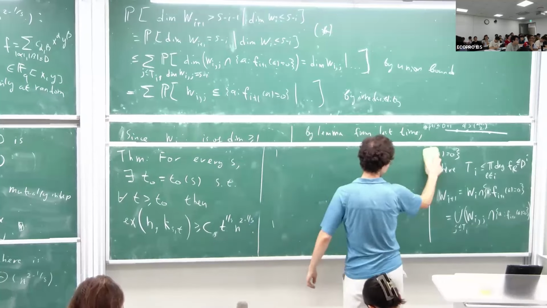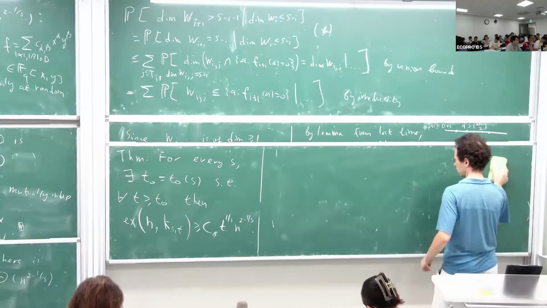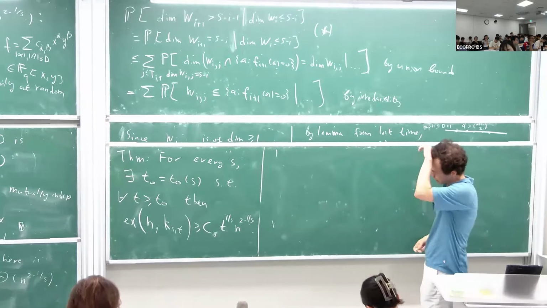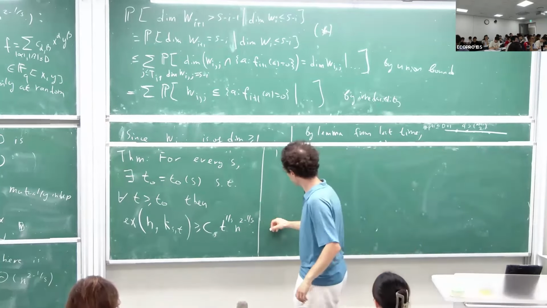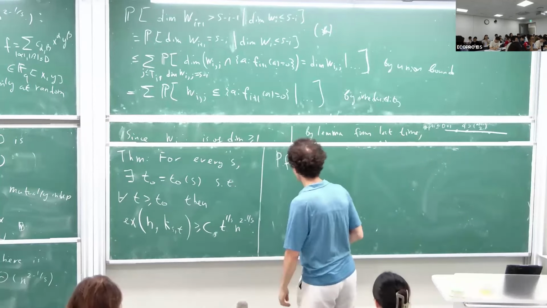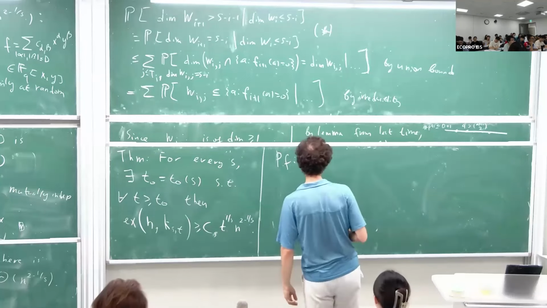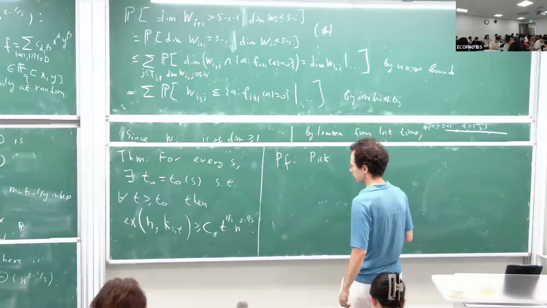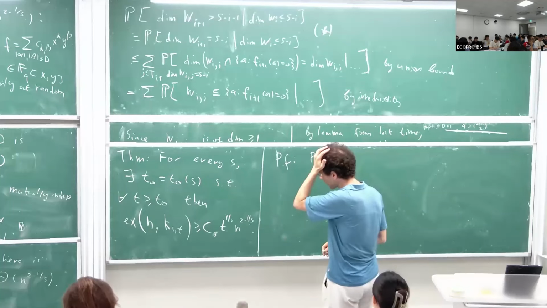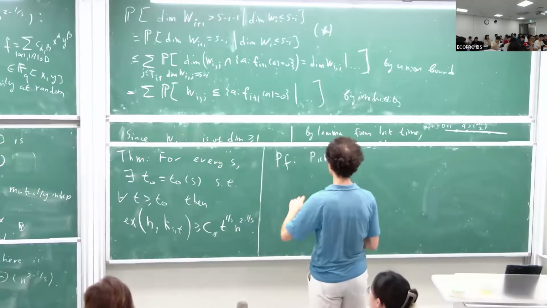So let me again sketch how to modify this proof. Given what we've done, it's easy. What we are going to do is pick not one polynomial, but a bunch of polynomials.